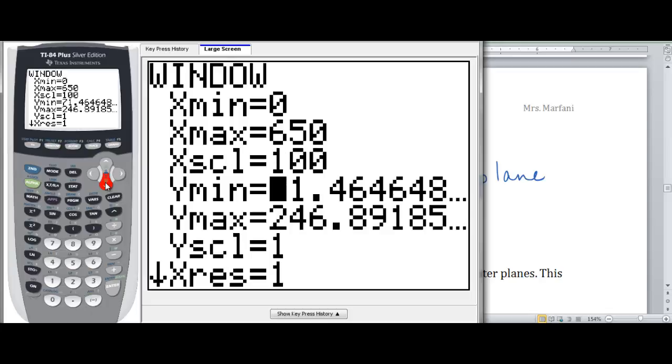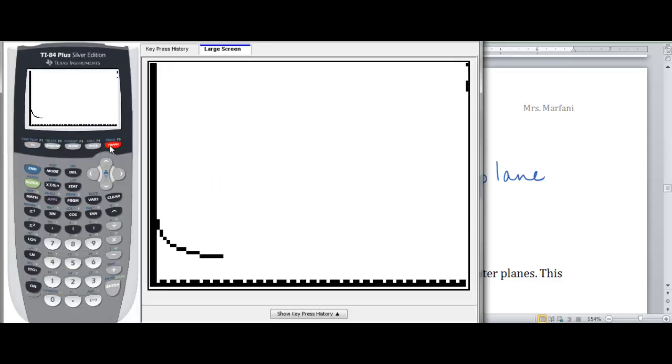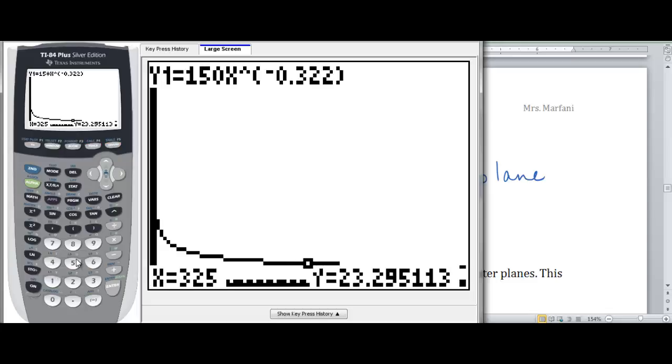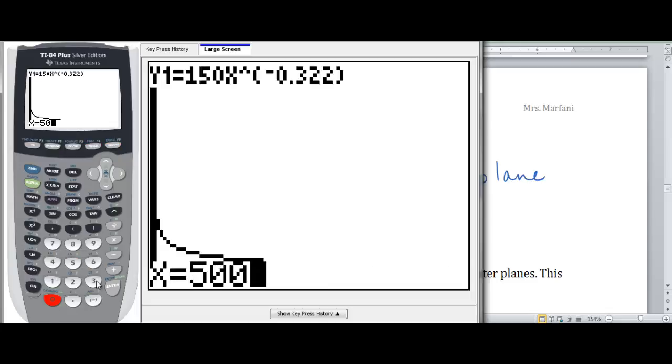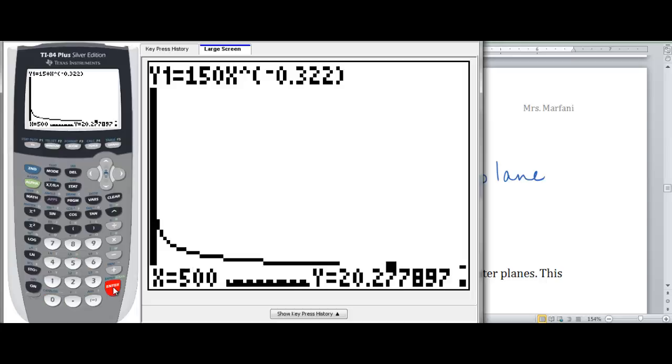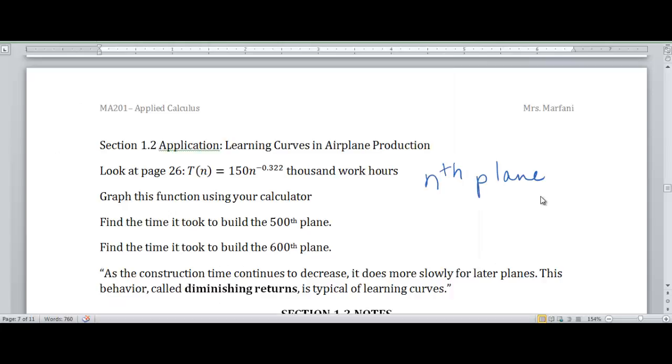I'm guessing because my y min is not low enough, so let's make the y min go to 0. Okay. And let's change this to go by 10s. So this you just got to play around a little bit and see. There we go. So we can see that. Okay. Now I want to find the time it takes to build the 500th plane. So that's 20.277, 20.28.